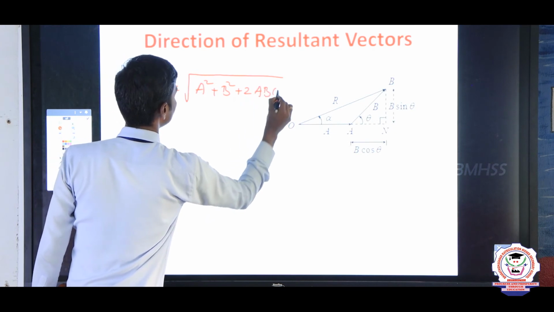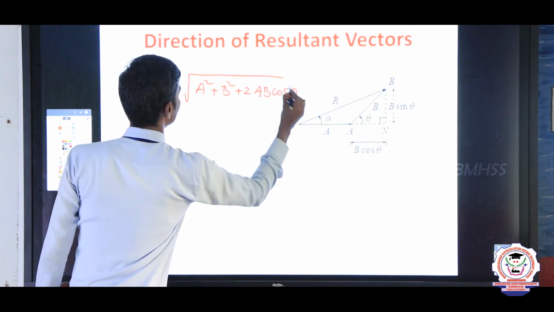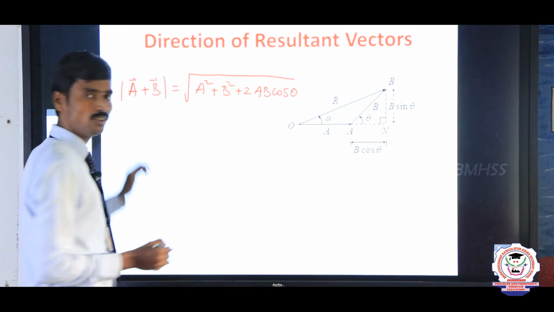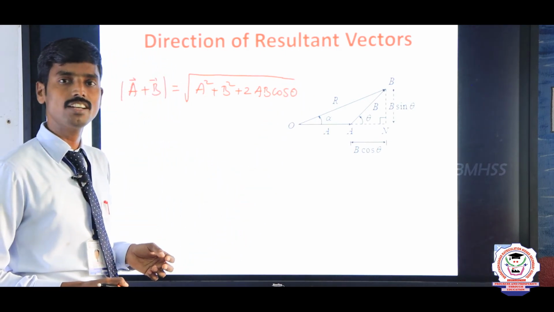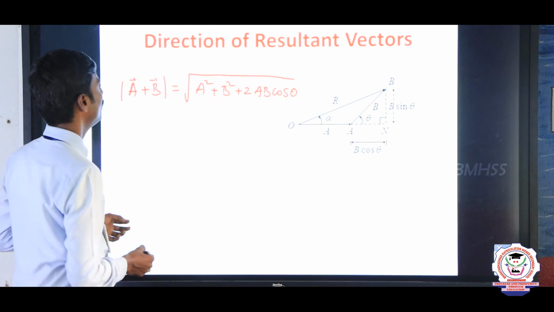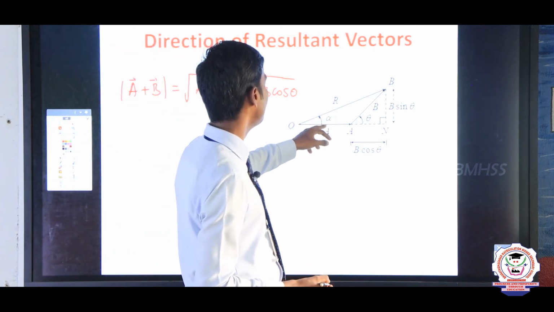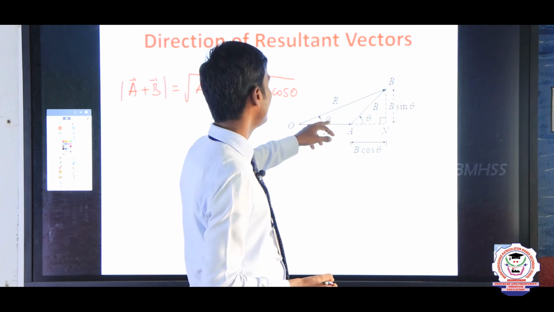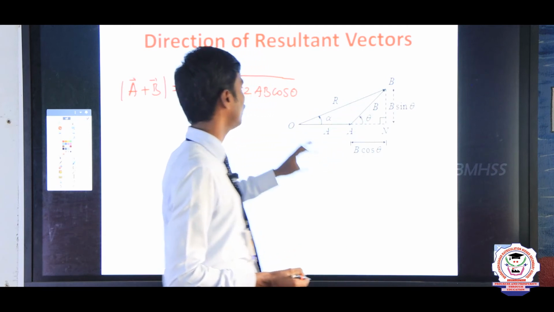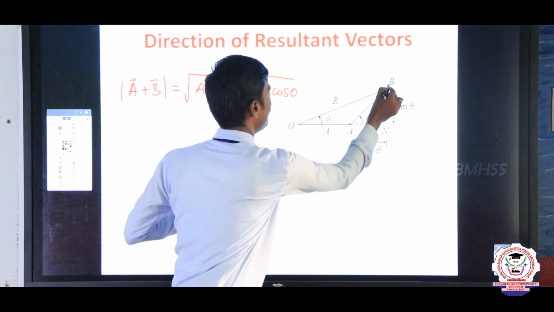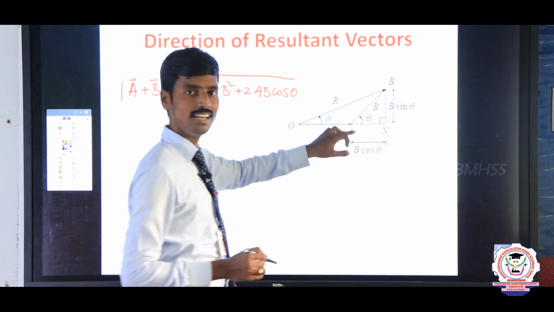R vector equals the sum of the two vectors, A vector plus B vector. Here R makes an angle with A, and we get triangle OBN.